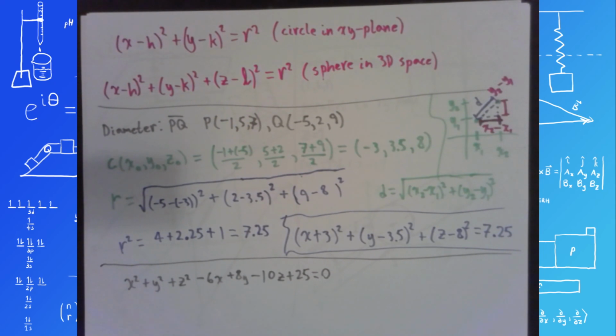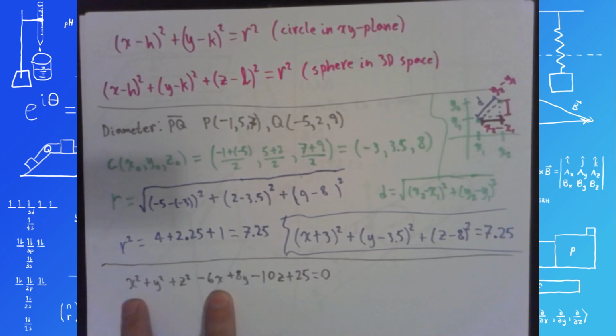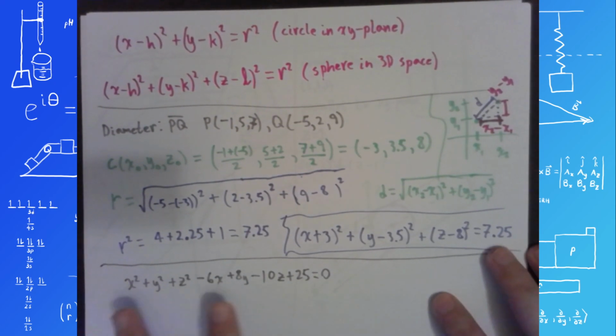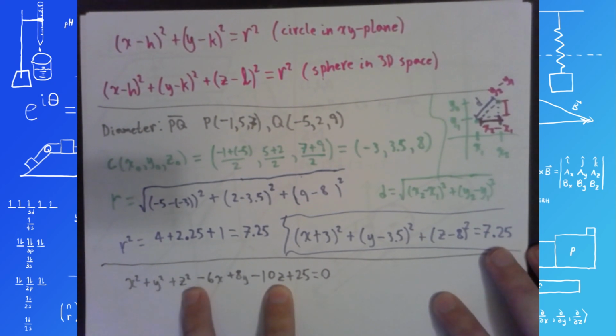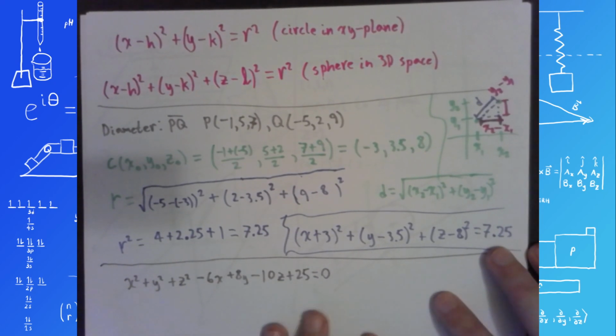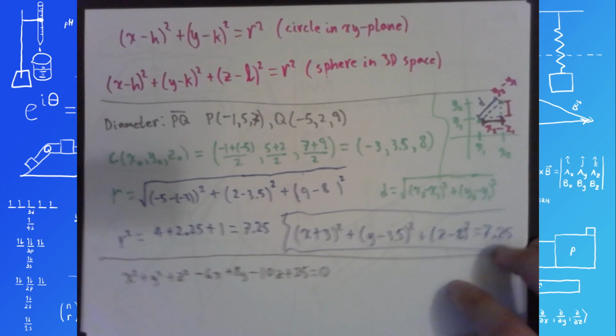What can we do with this? Group the x terms, group the y terms, group the z terms, and move all the other junk over to the right-hand side of the equation.